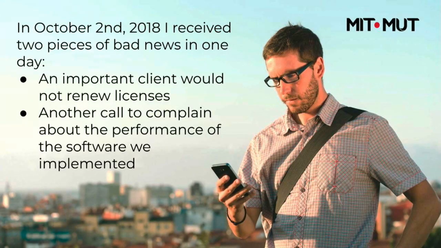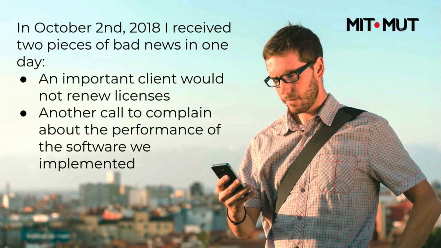And the moment of truth. On October 2nd, 2018, I received 2 pieces of bad news in 1 day. An important client would not renew its license. We weren't Odoo partners at that time; it was another vendor.